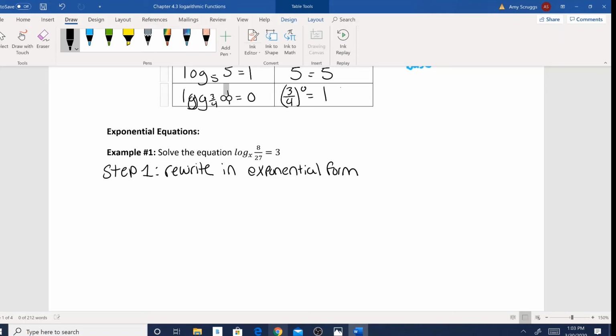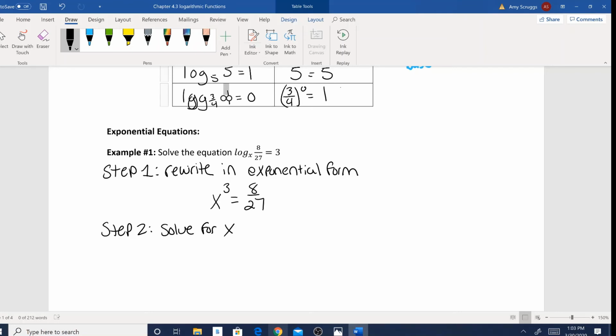The base in this case is x, the exponent is 3, and the answer is 8 over 27. So the base is x, the exponent is 3, and the answer was 8 over 27. Once you rewrite it, it looks more feasible to solve, right? So step 2 is to solve for x.